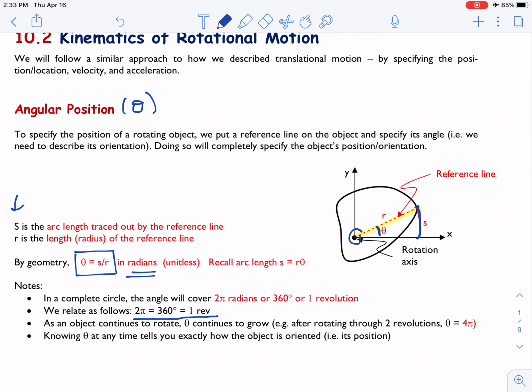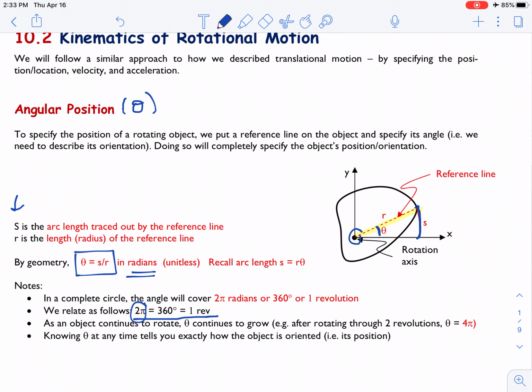Okay, because of this conversion factor, if the degrees or revolution is given, then you need to convert it to radians. So this is what you need to use. But the only unitless or dimensionless one is the radian. So that's what we need to use.